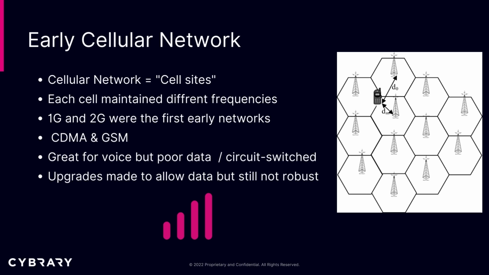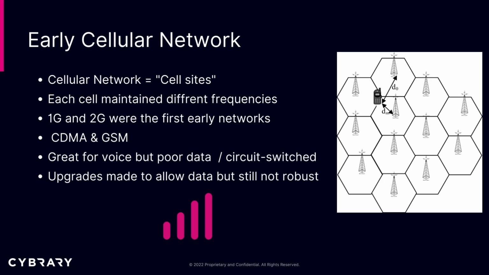Now, let's take a look at how this network is constructed. From there, we'll look at how the cellular technology has changed throughout the years to accommodate our ever growing needs. At its smallest scale, the cellular network is a communication network where the connections to your device and other devices, and the source, are all wireless. So this network is comprised of a base transceiver station, or cell site, hence the names cell tower and cell site, within an area where the antenna is communicating with the wired devices.